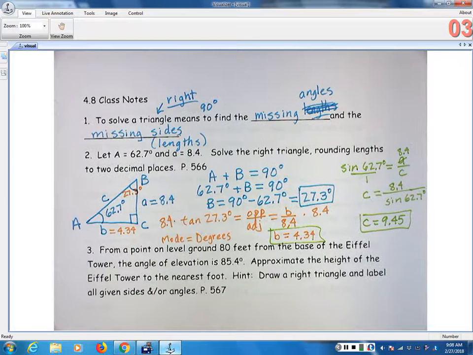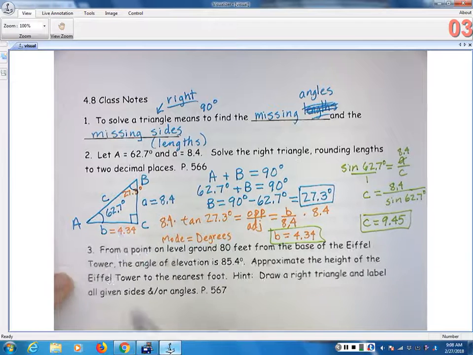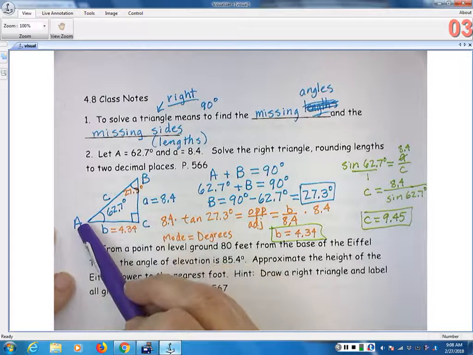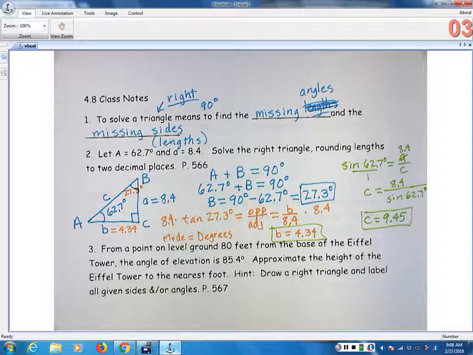This is one of the preview things you're supposed to know: the interior angles of a triangle add up to 180 degrees. You guys remember that?